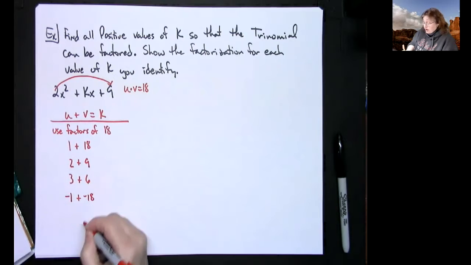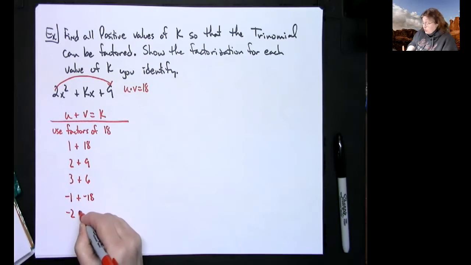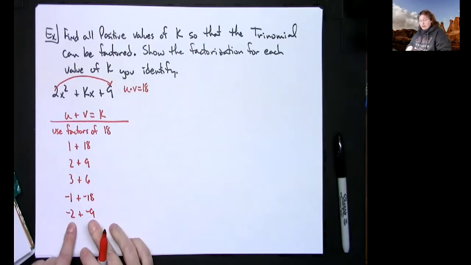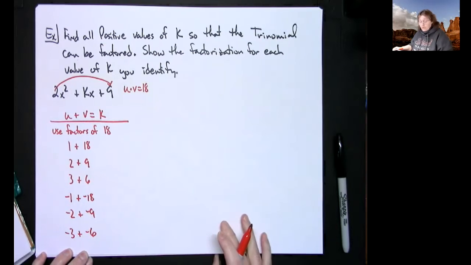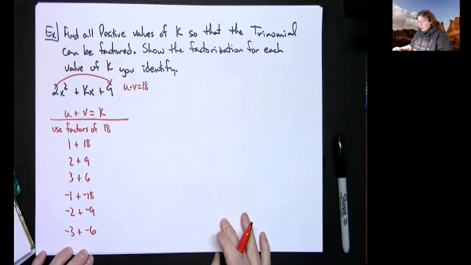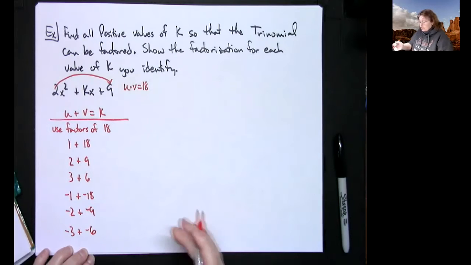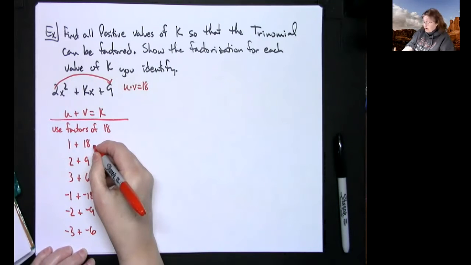And couldn't I also have a -2 and a -9, because -2 times -9 is positive 18? I could also do a -3 plus a -6. Have I missed any? 4 won't go into it, 5 won't go into it, then I'm at 6. So that should be all of my possible factors.